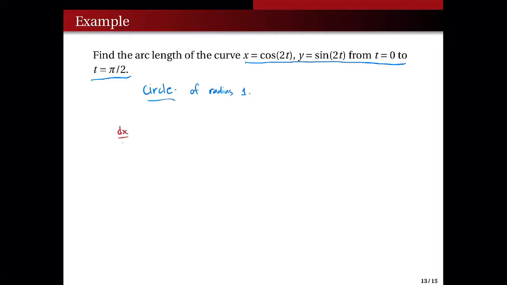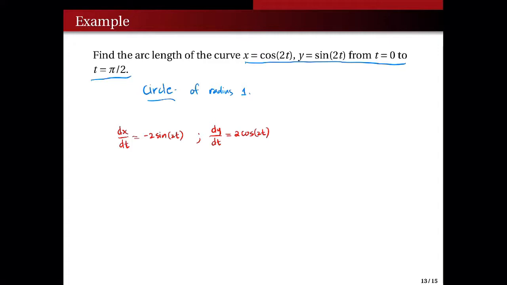dx over dt. So derivative of cosine 2t with respect to t, that's negative 2 sine 2t. And then dy over dt, derivative of sine 2t with respect to t, that's 2 cosine 2t. And these will not be 0 at the same time.